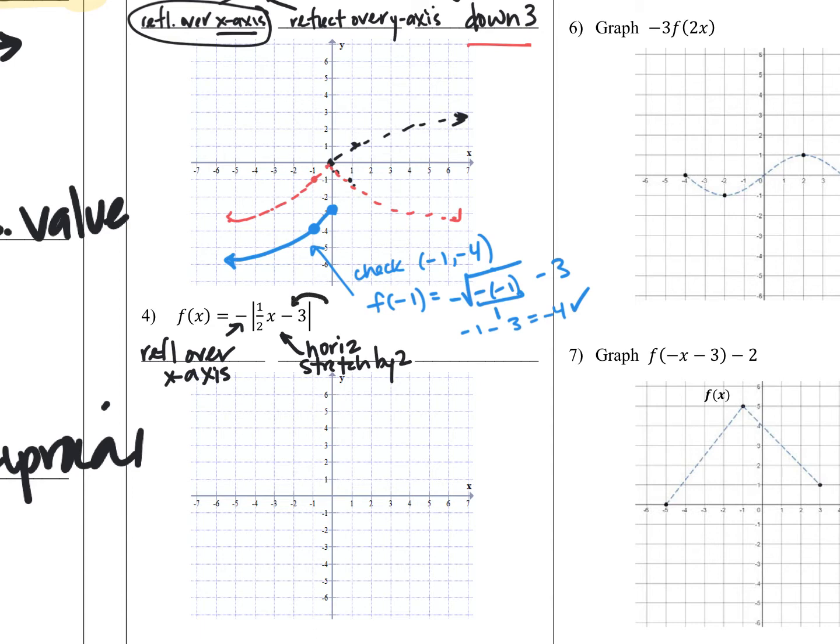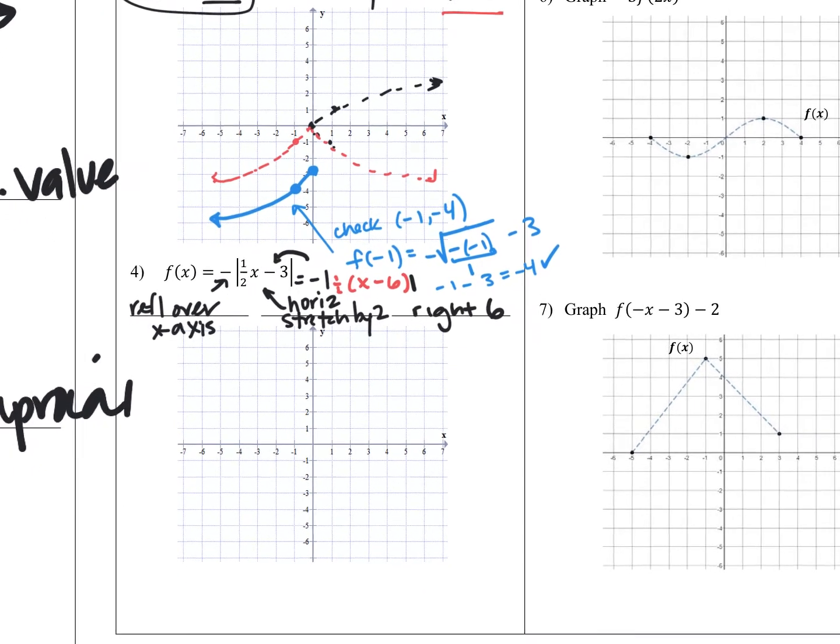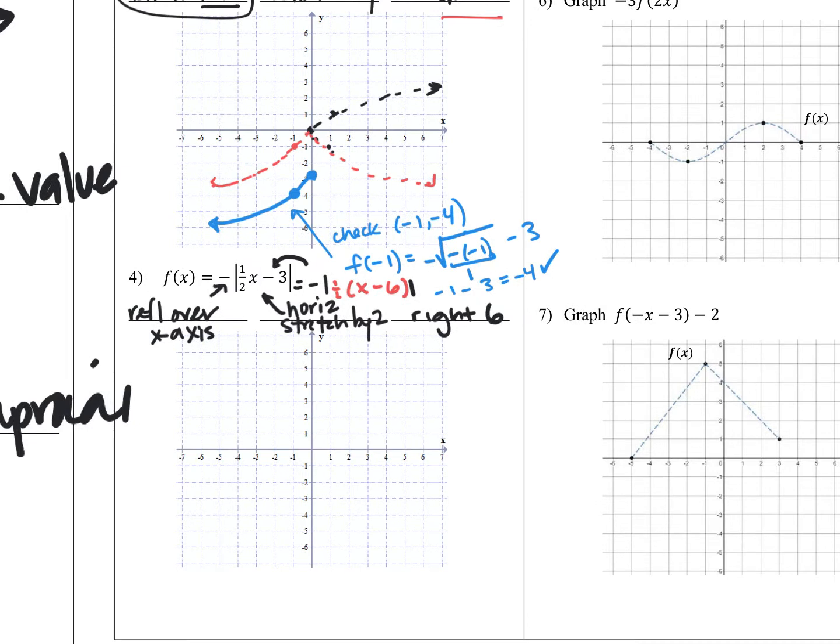And then it looks like we're going to move to the right 3. But because we're being stretched out, we got to think about that actually kind of tripling. So that's where it comes in kind of nice. And I'm just going to rewrite it here. If I take the 1/2 out, it's going to be 1/2 x minus 6. So you can see it kind of doubles up that 3 there. So we're really going to move right 6. Another reason to think about, well, how does that happen?